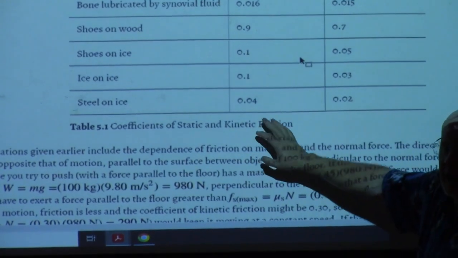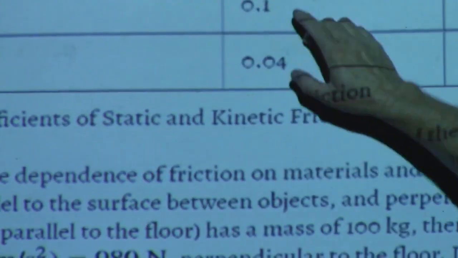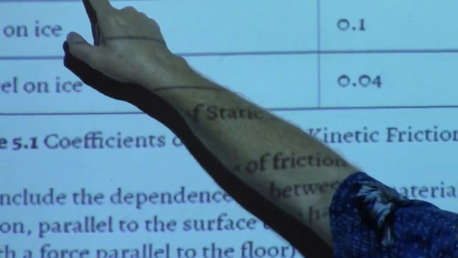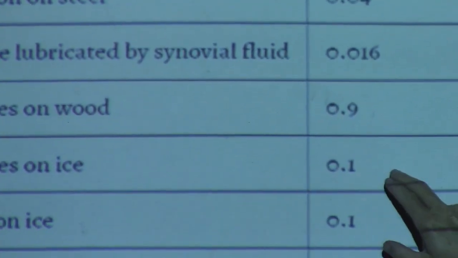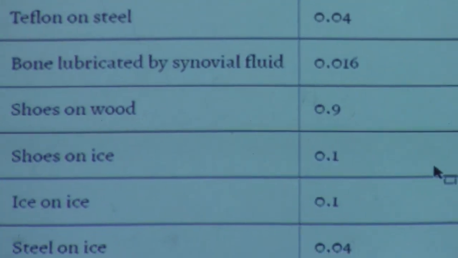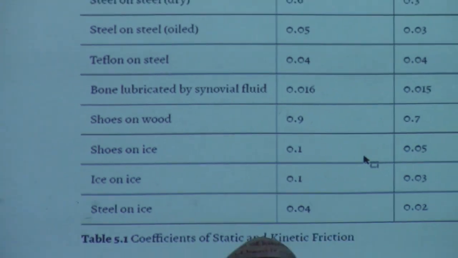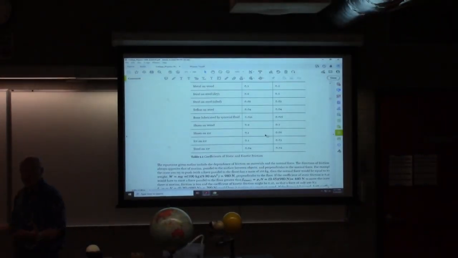And that makes a lot more sense, especially when you compare it to the two above it, where it says what would be the friction between your shoes on the ice. And you would expect it to be lower than that one, not higher. So let's come back over here and readdress this one.